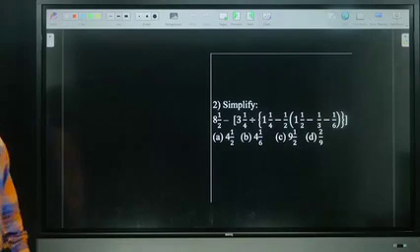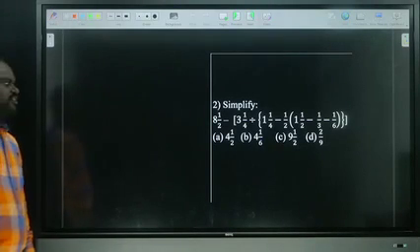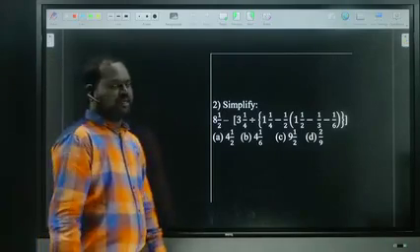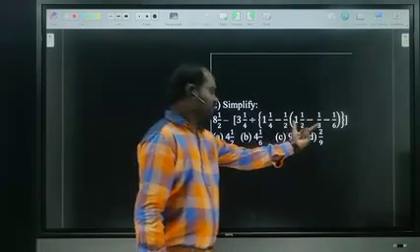Right? As per BODMAS rule, first preference is the open bracket. First of all, we have to finish this thing.